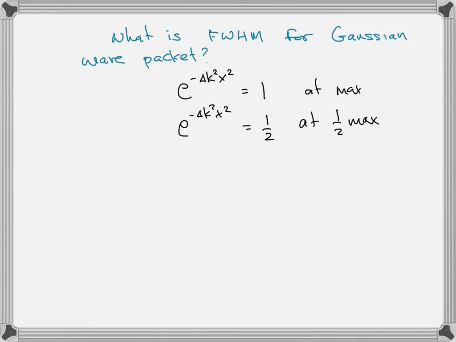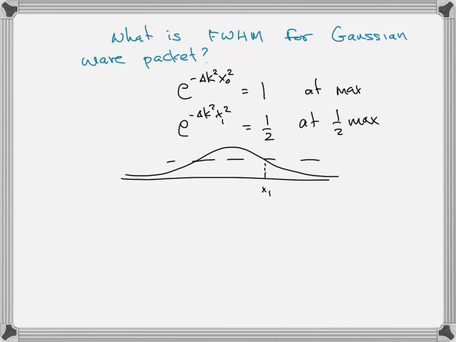We could say that x0 is at max, and x1 is a different x. Actually there are two x's at which it's half max, because this function goes like this, and so this is x1 and this is minus x1. So if that's 1/2, this is what we're calculating: the positions x1 and minus x1 at which it's half max.